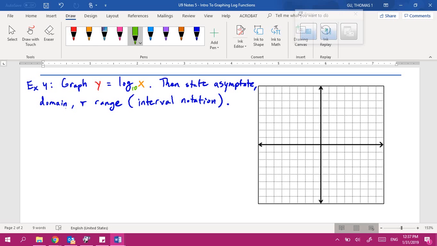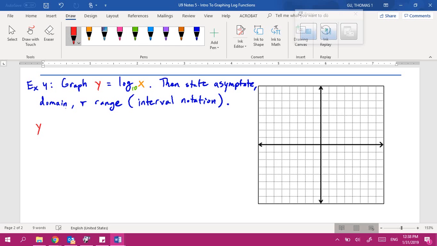Okay, as Alejandro said, what we can do is change this back into exponential form because we know how to find points for exponential, right? So we're going to change this equation back into exponential form.